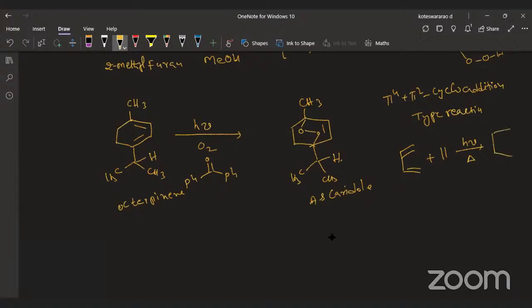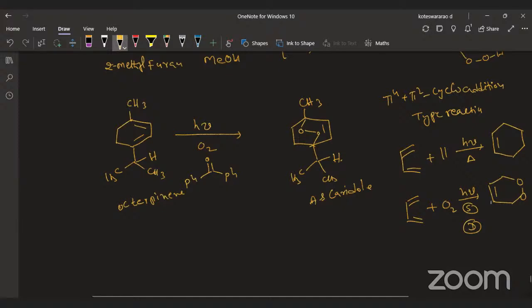If it is thermal reaction, it follows the Diels-Alder mechanism. Similarly, the same reaction, if you are carrying out in presence of singlet oxygen under photochemical condition with presence of sensitizer or direct irradiation, that leads to the formation of the dioxane derivative. This is the product.